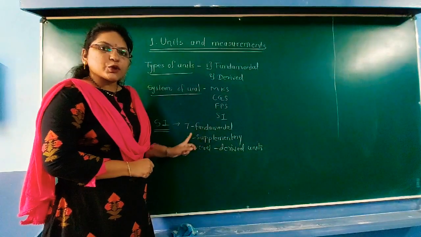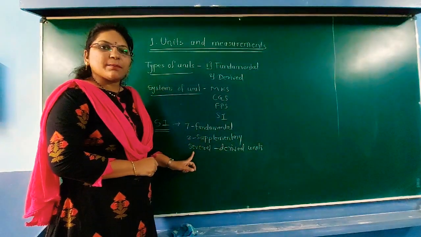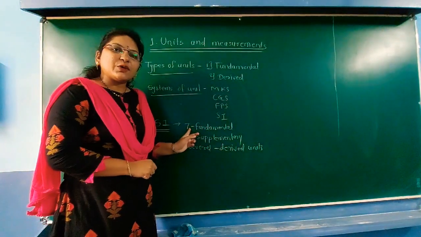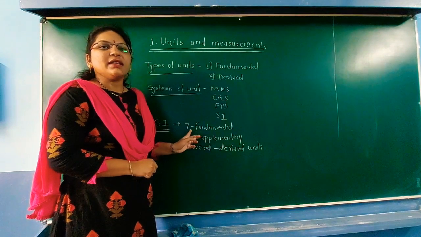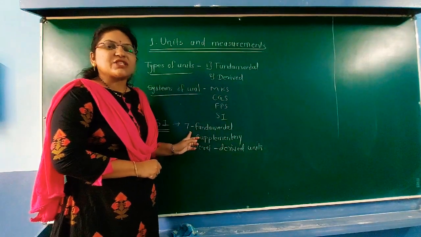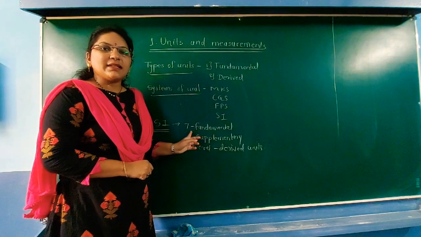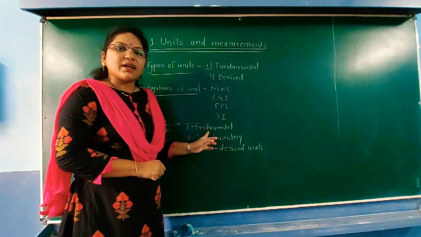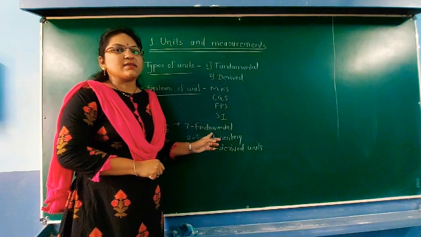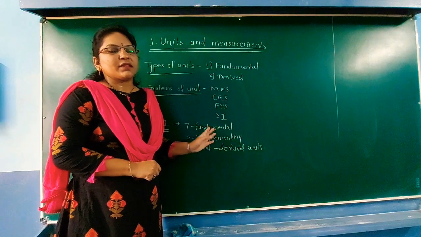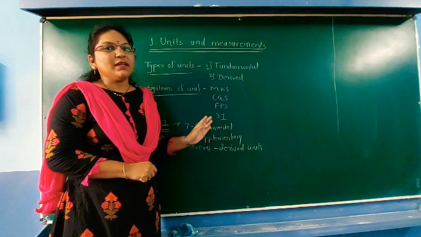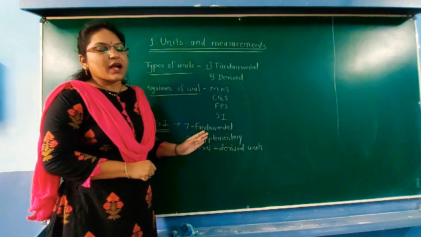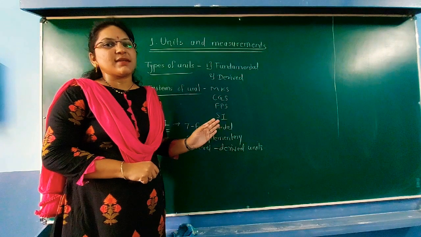Which are the 7 fundamental units? Length, mass, time, temperature, electric current, amount of substance and luminous intensity.